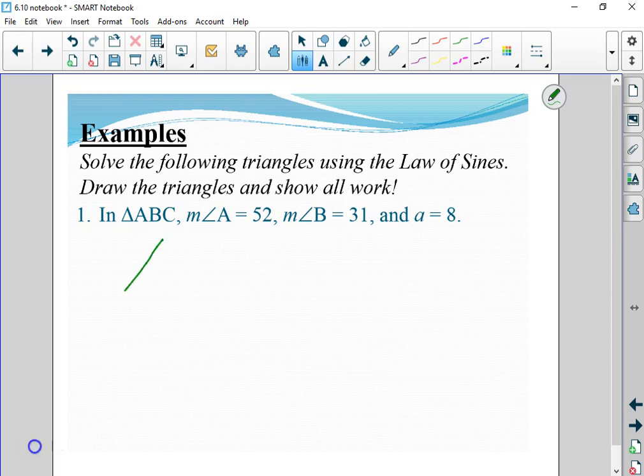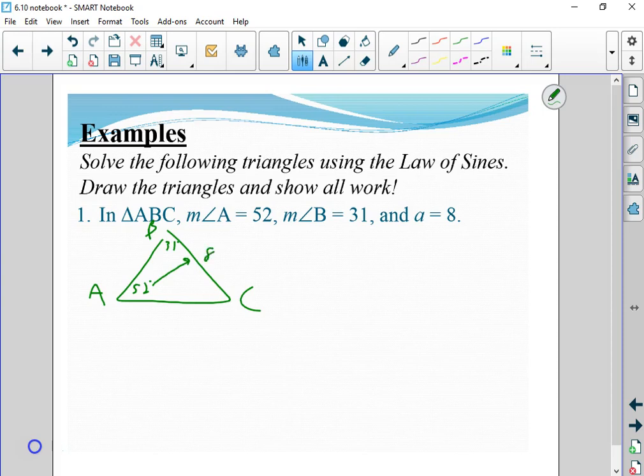So angle A is 52 degrees. Angle B is 31 degrees. And side A, which is opposite the angle A, is 8.